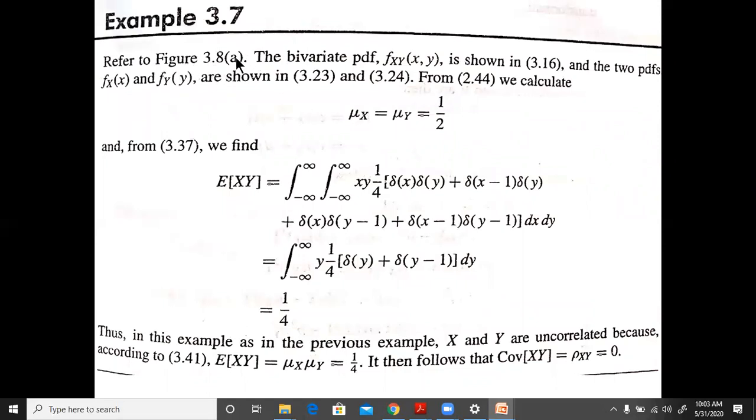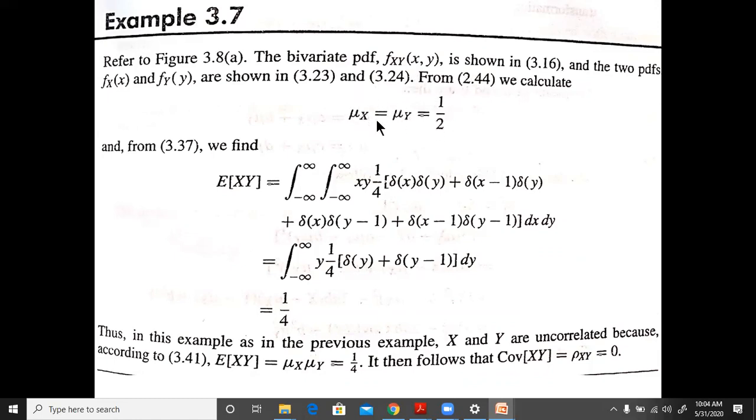Then from figure 3.8a, which we have considered earlier, the bivariate, so this is the discrete case. The bivariate PDF f of xy is shown in figure 3.16, and the two marginal PDFs are shown in 3.23 and 3.24. Then from 2.44 we can find mu x and mu y to be equal to half, which we have already found.